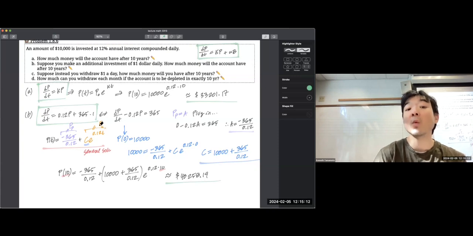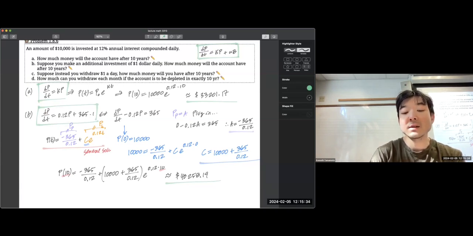But if you put in $1 every day for 10 years, then you'll end up actually having more money in the end. So it's like you're contributing $365 every year for 10 years, so it's going to be $365 times 10.